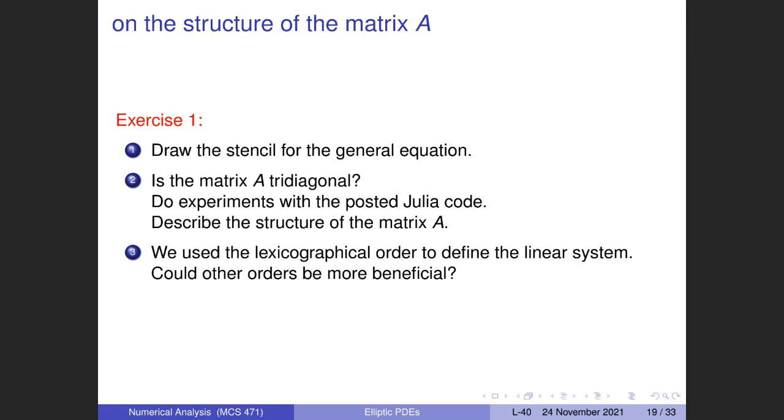So the question is, could it be that for some orders you get a linear system that has a more favorable structure? It's kind of a surprise that we end up with a dense linear system. Is it not possible that we could have a tridiagonal system? One can think about why this would or would not be possible.